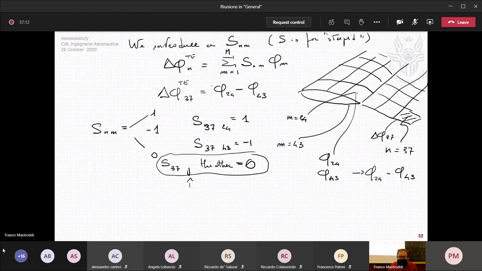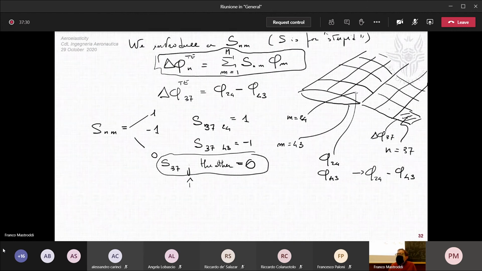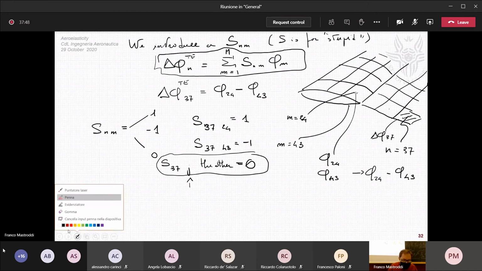So we have a simple operator, a topological operator, able to connect the jump at the trailing edge corresponding to this panel at the same time. Okay? So this allows you to write your integral equation in this way.